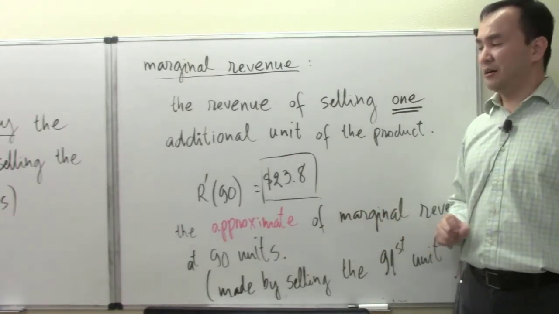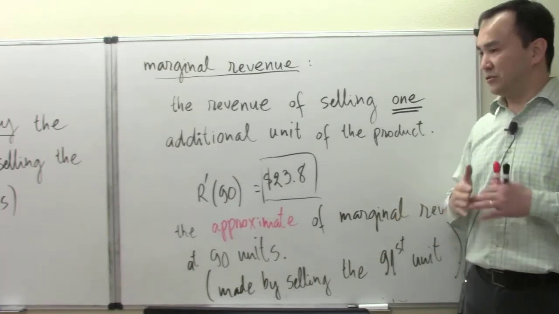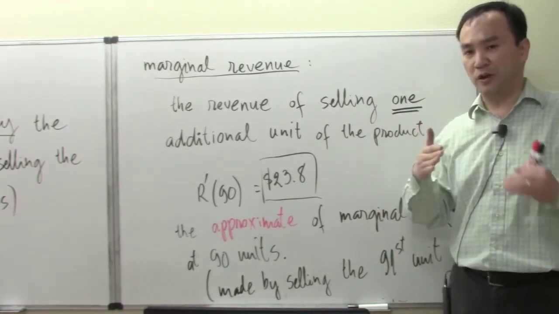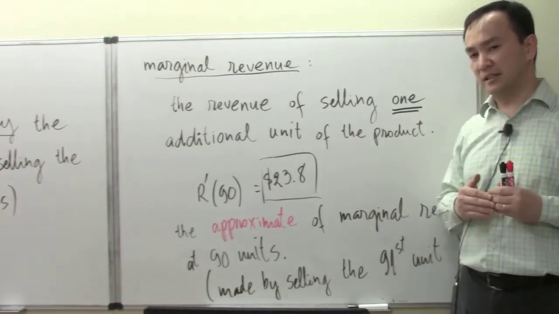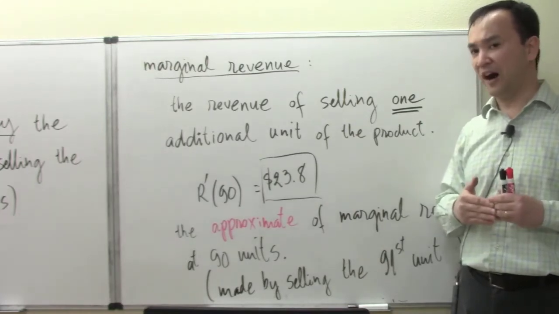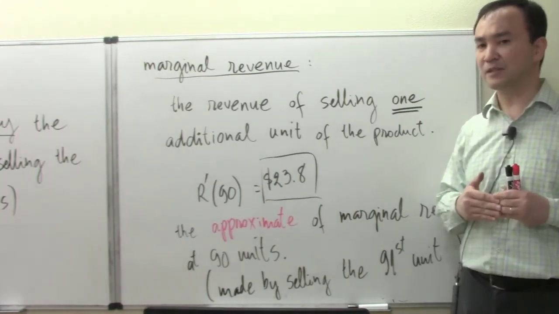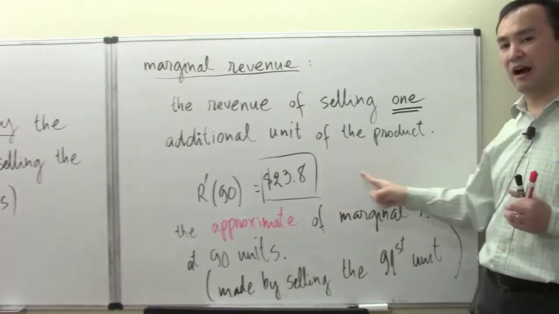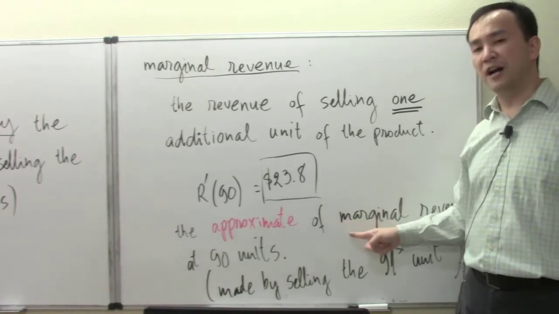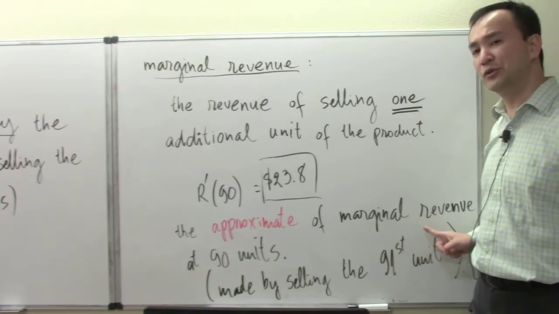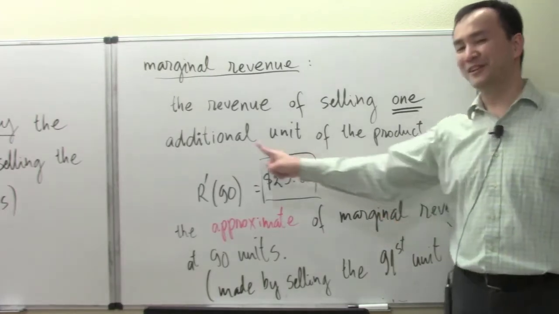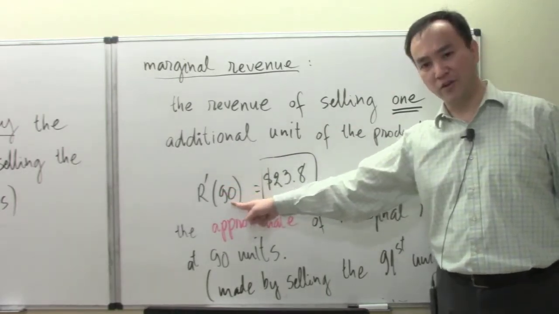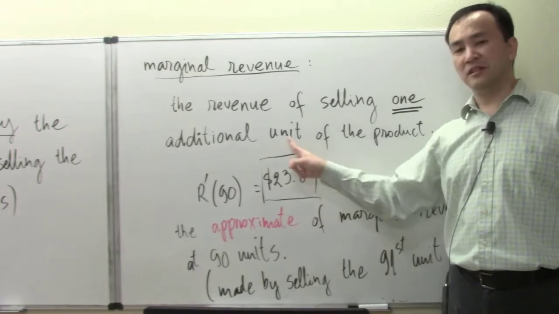A lot of the time now, among all instructors, including me, and among all business professionals, when they mention find a marginal revenue, they are not expecting you to go through the other long work to get the exact. They officially allow you to do this. Anytime the words find marginal revenue come through your ear, you just go ahead and find the derivative of your current function, and then substitute in the value, and that gives you the marginal revenue.